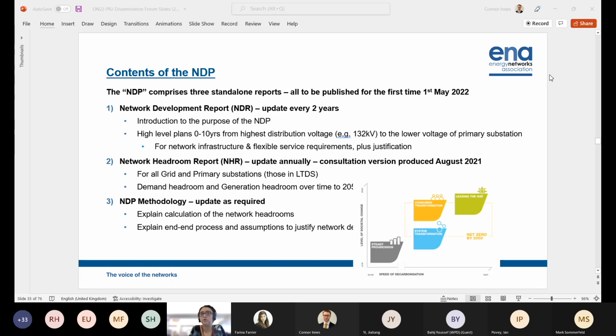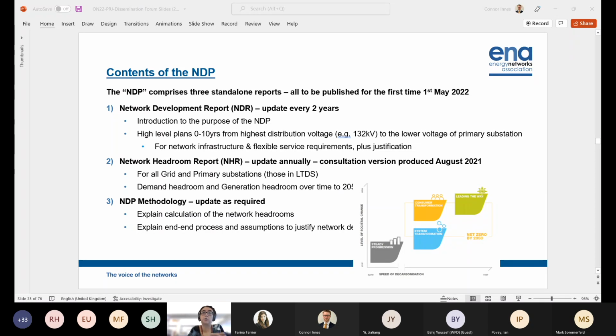Ian mentioned a little bit earlier on about the future energy scenarios and the distribution future energy scenarios. So the future energy scenarios, that's the National Grid GB version. Each DNO is also producing its regionally specific version, taking into account more local data or local inputs, but we are all working on the same common approach of 4 scenario worlds: steady progression, consumer transformation, system transformation, and leading the way.